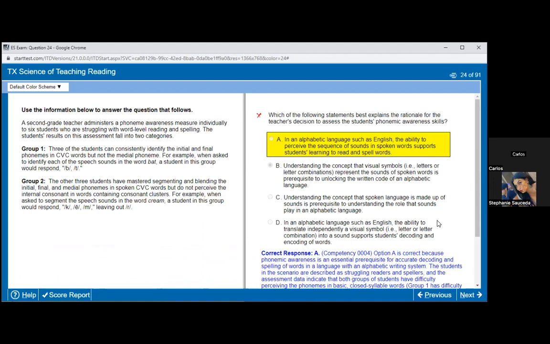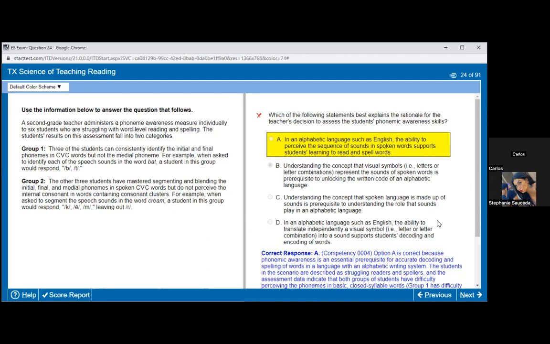All right, let's take a look at this one. Right away, my alarm bells are looking at second grade. A second grade teacher administers a phoneme awareness measure, individually, important word that's happening here, to 6 students who are struggling with word level reading and spelling.